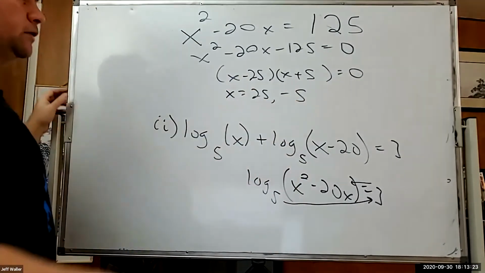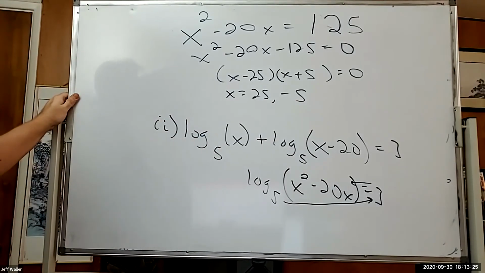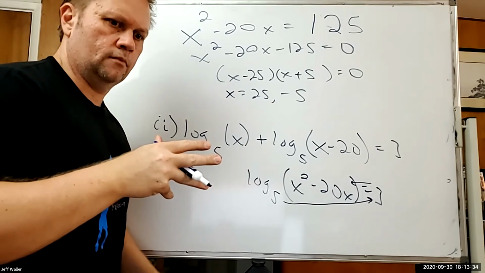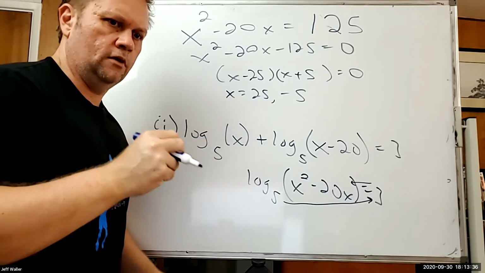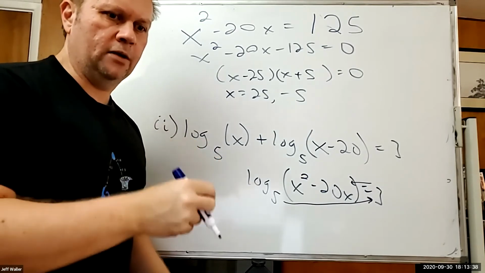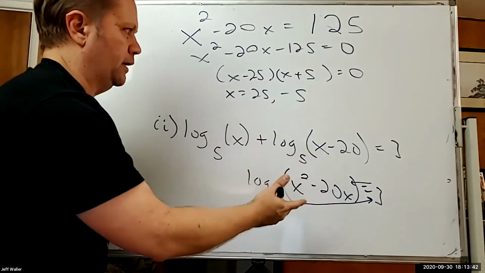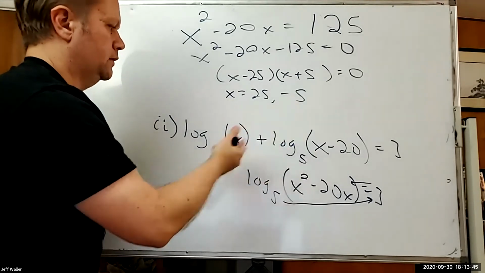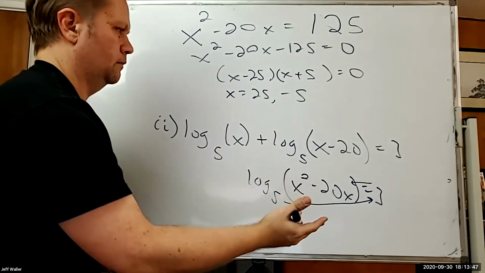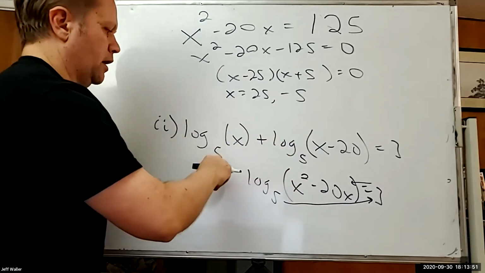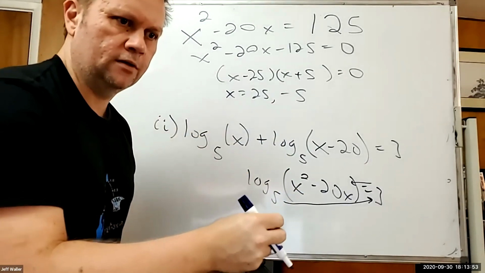Are both of those answers good? What would make an answer bad? If it makes one of these logs or both of them freak out. So which one of those can these not handle? The negative 5? Yeah, the domain of a logarithm is positive numbers.